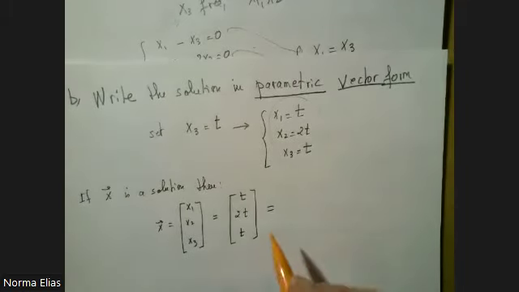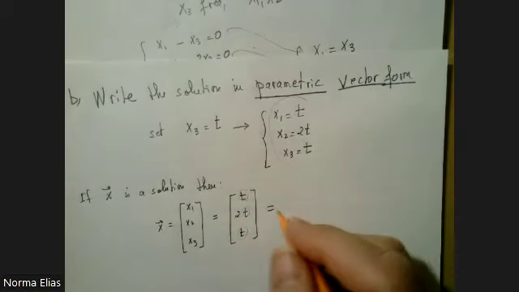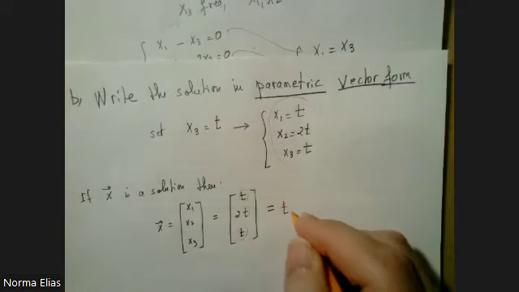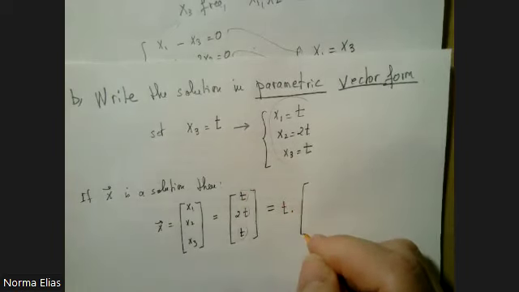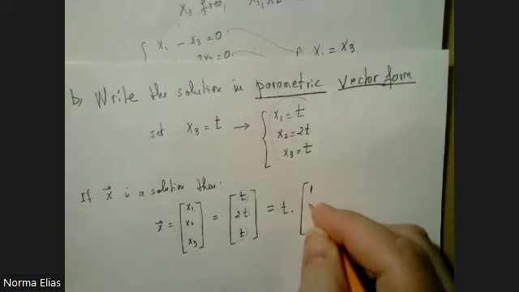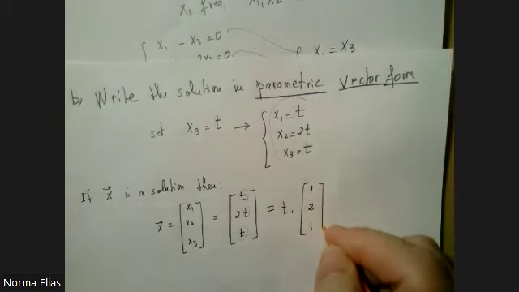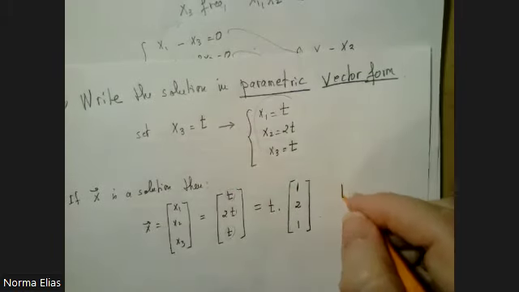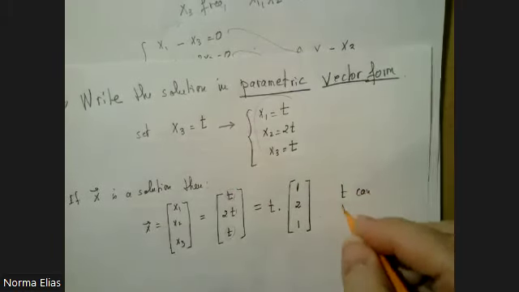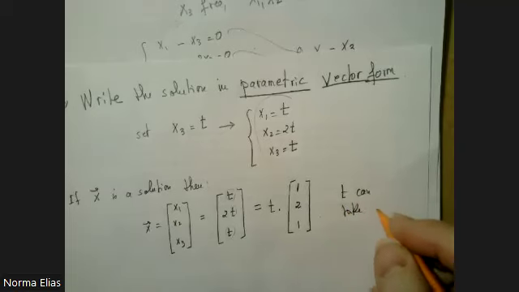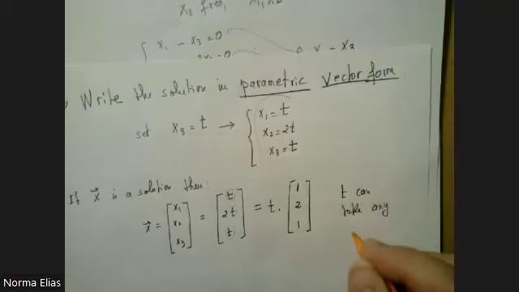So that's how we are going to write. We will factor out the t. The t is a parameter, is a constant. It means if x is a solution, then x could be written as t times 1, 2, 1, where t can take any value. Okay.